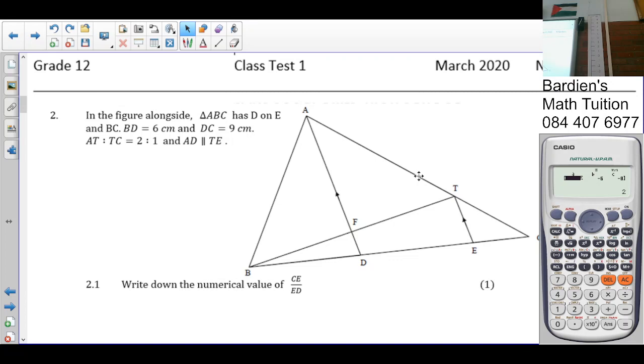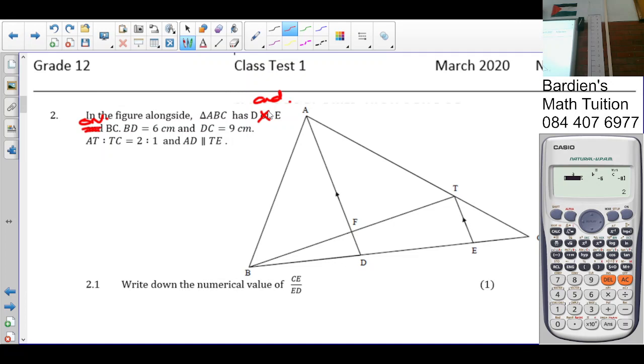Probably that is why you guys got what you got. No? Suppose I've read it wrong. It has D and E on BC. Okay. Makes sense now.